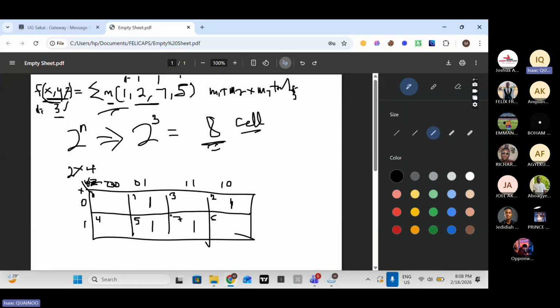Now, when we look at the rules or laws for the K-map, we can only circle or select squares which are adjacent to each other, next to each other, but we cannot select diagonal cells. So for instance, you cannot do this.